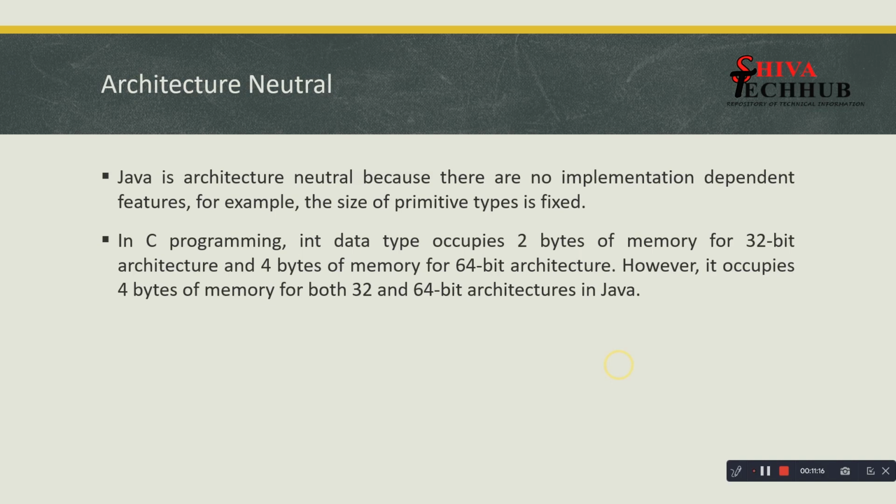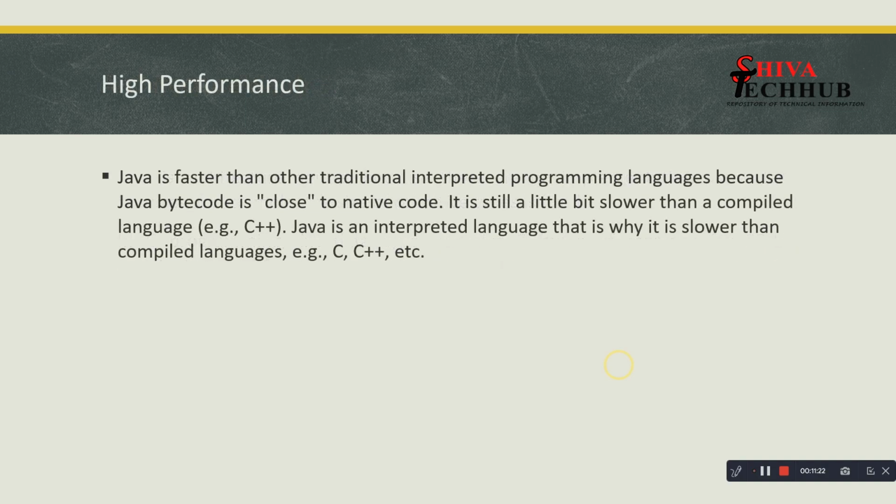This is what we call an architecture neutral programming language. And high performance is nothing but that the compile time and interpretation of the programming language take less time when compared to other legacy programming languages.